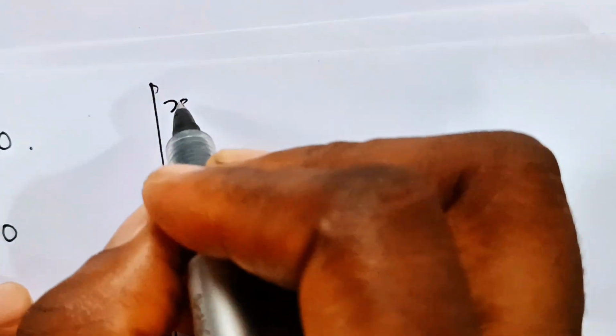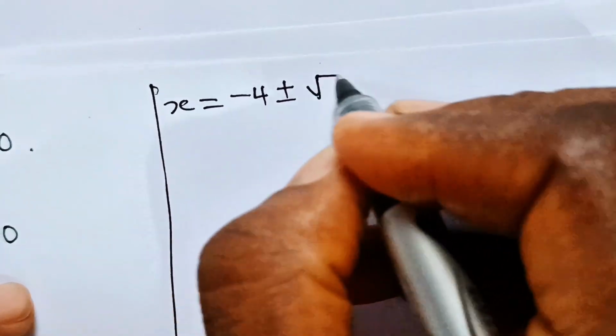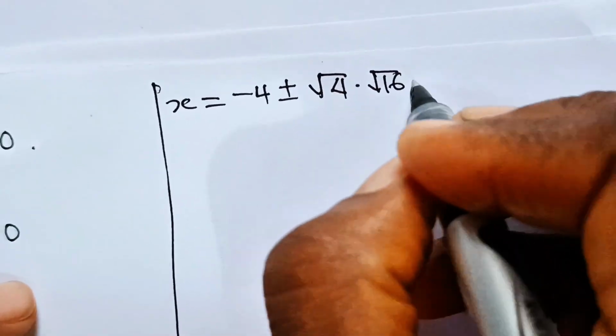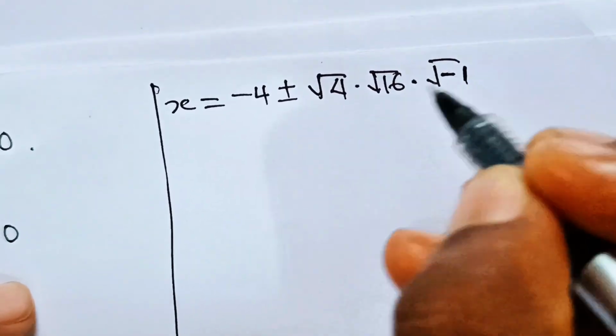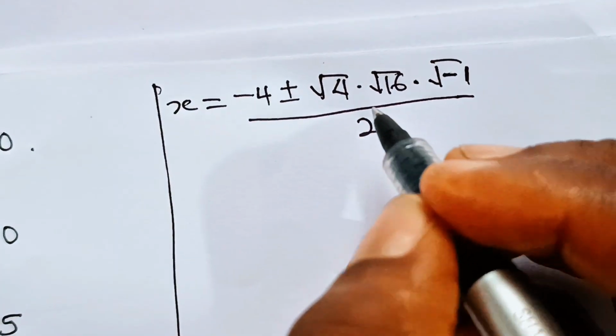Thank you very much. So we have that our x is equal to minus 4, this is what we wrote last, plus or minus square root of 4 multiplied by square root of 16 multiplied by square root of minus 1 divided by 2.